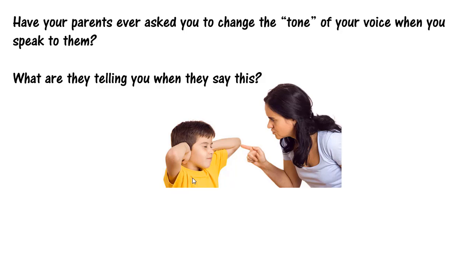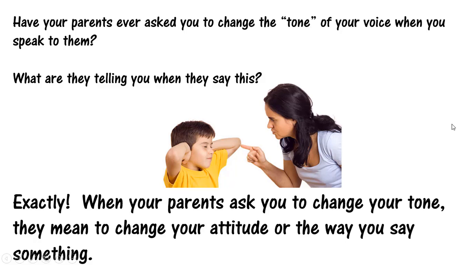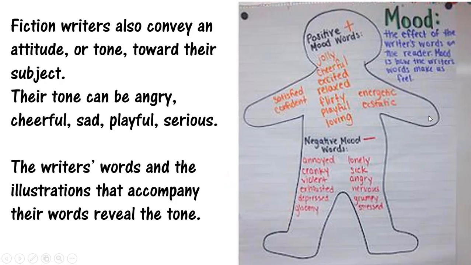And what is it telling you when they say this? It's affecting you. When your parents' tone changes towards you, it affects your mood. When your parents ask you to change your tone, they mean to change your attitude in the way you say something. Just the way we speak back to our parents or even to your teachers, it means to change your attitude in the way you say something.